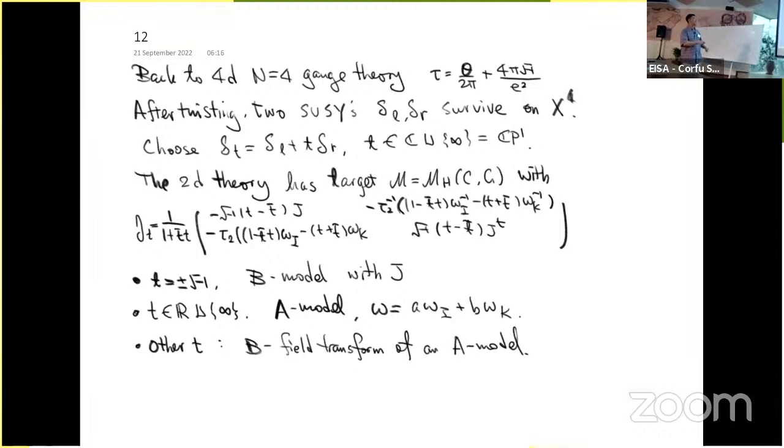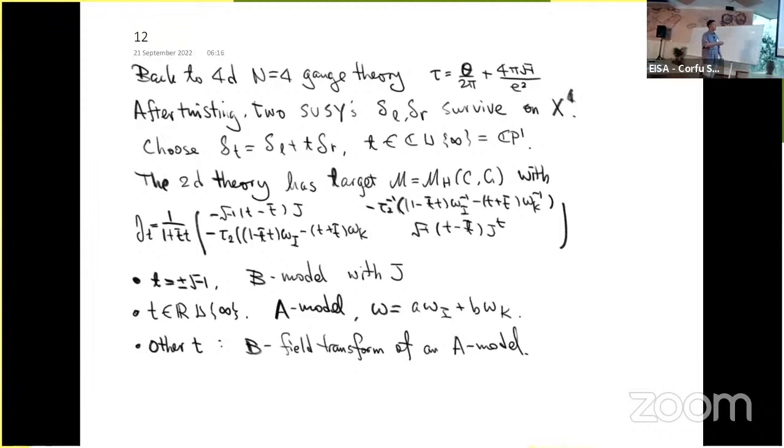Okay, so we are back to our original gauge theory with this complex coupling parameter, and it turns out that after this particular twisting, there are 2 supersymmetries that survive on our curved 4-manifold. If we twist an N=2 gauge theory for the purpose of Donaldson theory, then there's only 1 supersymmetry, but now there are 2.